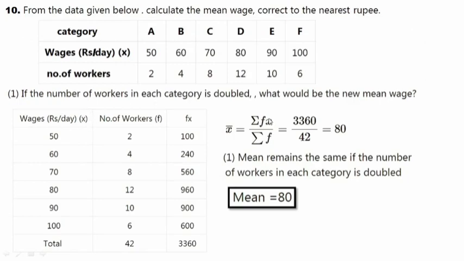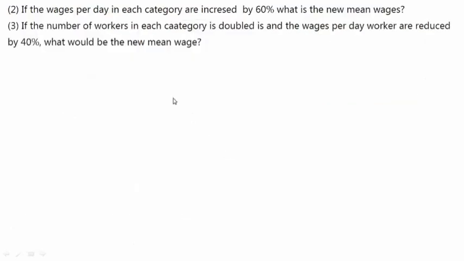I told you we have x only in the numerator, so by however much you change the value of x, the mean will also change by the same amount. So you're increasing wages by 60%, and that's why your mean will also increase by 60%.